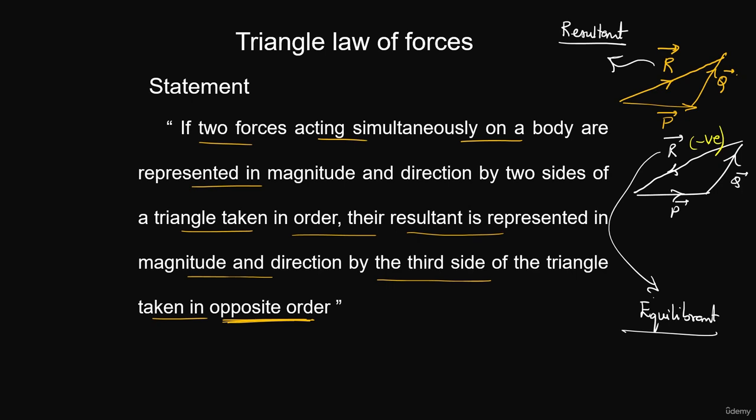As I told you, the resultant and equilibriant both will be collinear and opposite in sense. The angle between these two we will find as 180 degrees. So this is the resultant, and exactly opposite to this will be the equilibriant.